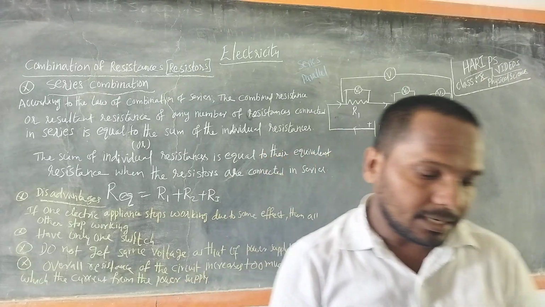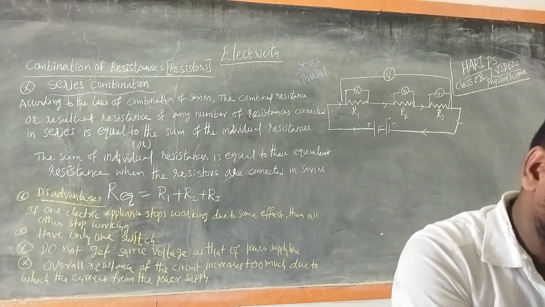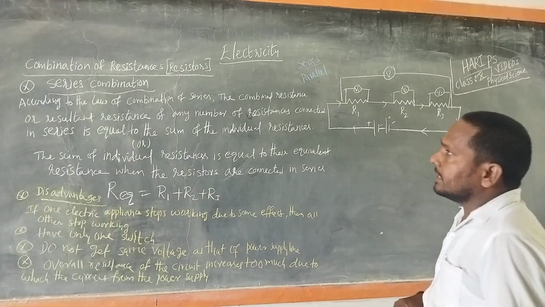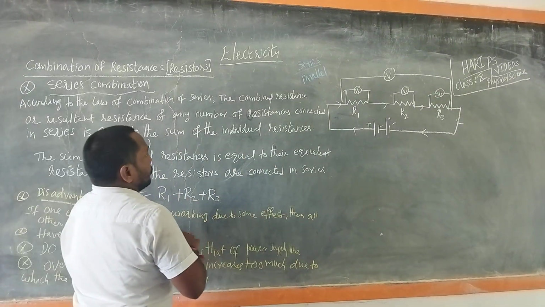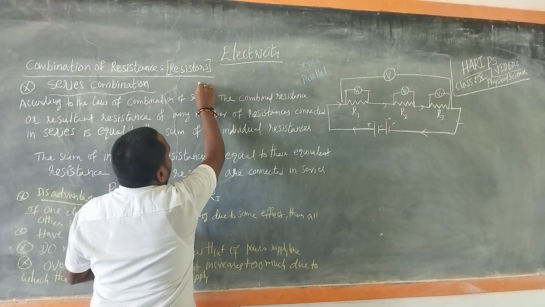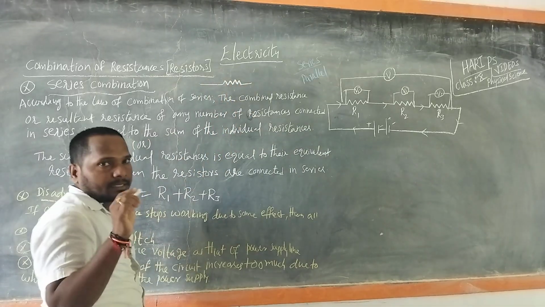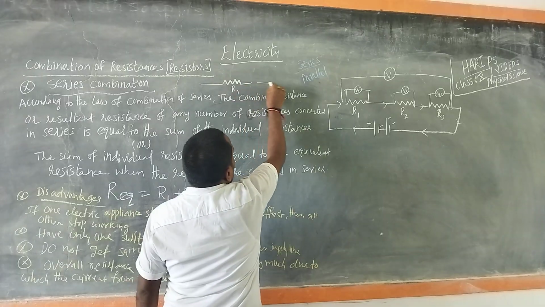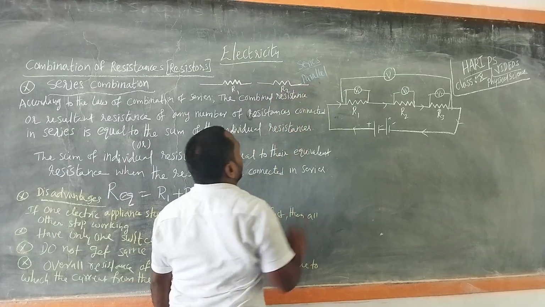So let us understand what is this series connection and parallel connection. In a series connection, two resistors are joined. For example, this is one resistor, R1, and this is the resistor R2.